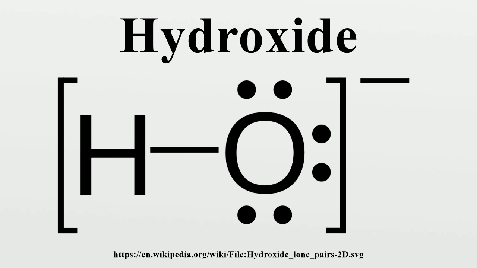Lithium hydroxide is used in breathing gas purification systems for spacecraft, submarines, and rebreathers to remove carbon dioxide from exhaled gas. 2LiOH plus CO2 gives Li2CO3 plus H2O. The hydroxide of lithium is preferred to that of sodium because of its lower mass. Sodium hydroxide, potassium hydroxide and the hydroxides of the other alkali metals are also strong bases.